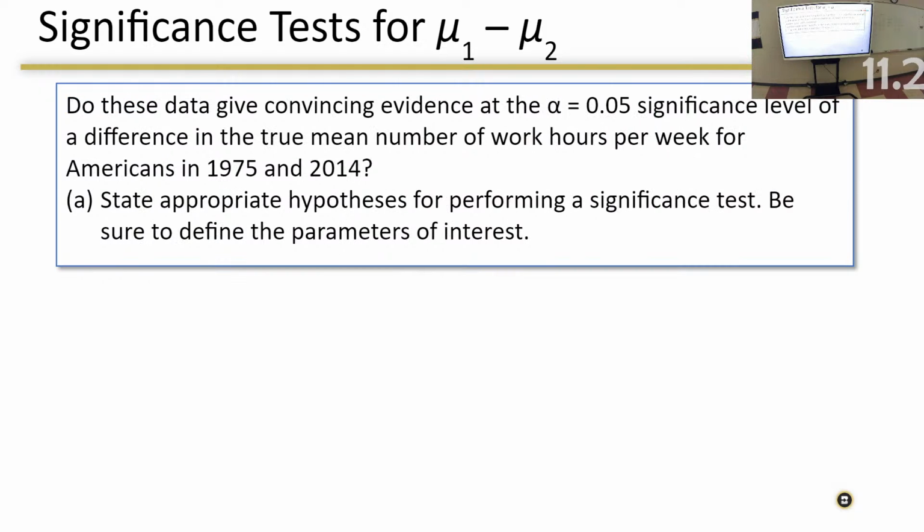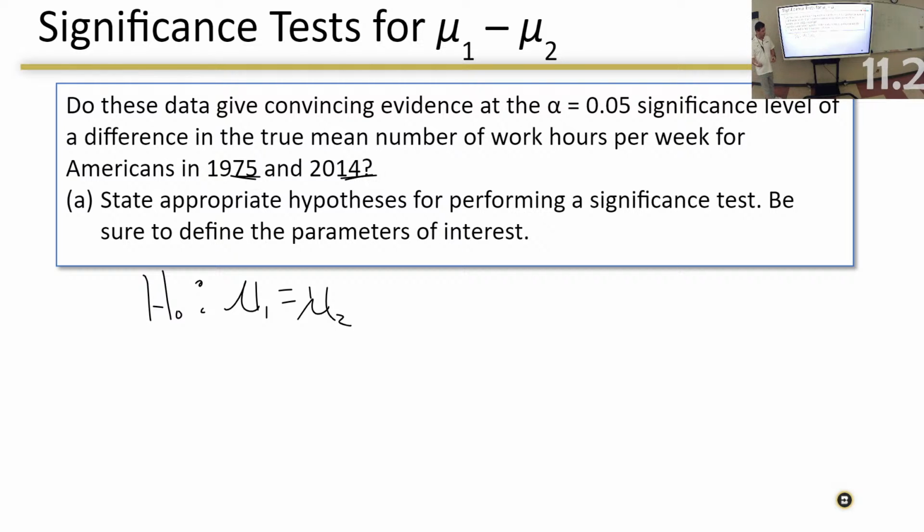What's the question say? State the appropriate hypotheses. Okay, H0: mu 1 equals mu 2. We assume that they work the same. If you don't want to use 1 and 2, you could use 75 and 14, which might be less confusing.